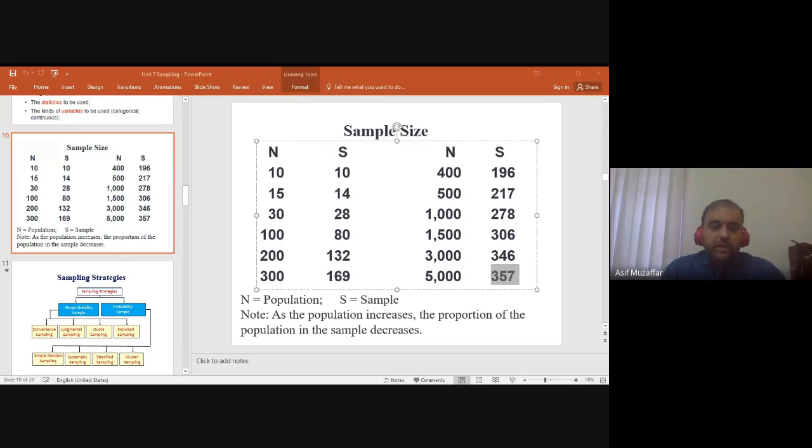Unbiased means, for example, this is about young doctors, and out of those 50 hospitals, 40 hospitals are in cities and 10 hospitals are in villages.